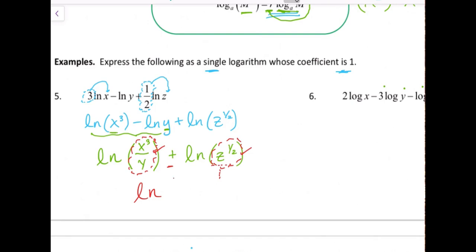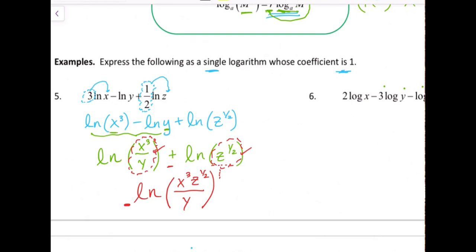So my numerator of my argument is going to be x cubed z to the 1/2 all over my denominator y. And so that's what my final answer would look like. I've got a single logarithm and the coefficient out in front of that log is 1.